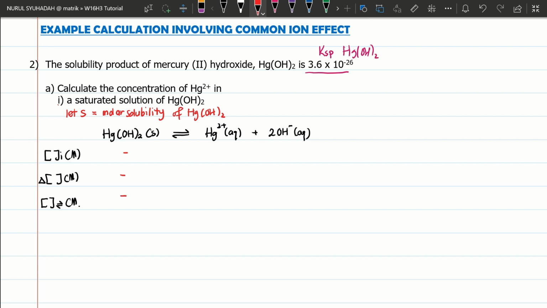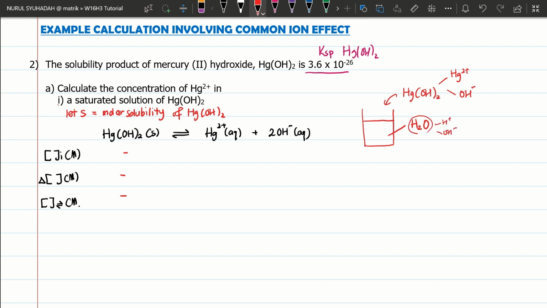Okay, Hg initially, since dekat sini dia kata saturated solution. So bila saturated solution, dia tak mention apa-apa solution lain, maksudnya solvent kita adalah H2O. So bila H2O, kita masukkan Hg(OH)2. Okay, Hg2+ dengan OH-. Okay, dekat sini macam saya cakap dekat awak tadi, water akan ada H+ dengan OH-.